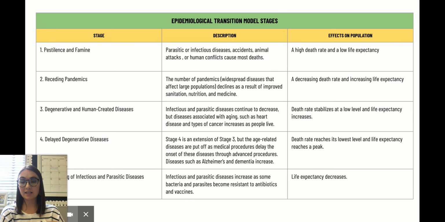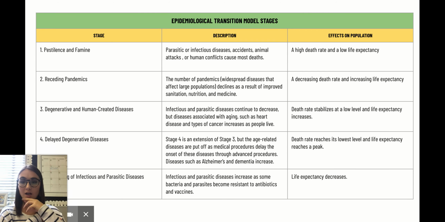So countries in stage 1 are dying because of parasitic or infectious diseases, accidents, animal attacks, or human conflicts. And the effect that has on the population is a high death rate and a low life expectancy. Remember, there aren't really any countries that are characterized by this anymore, just random groups or tribes.